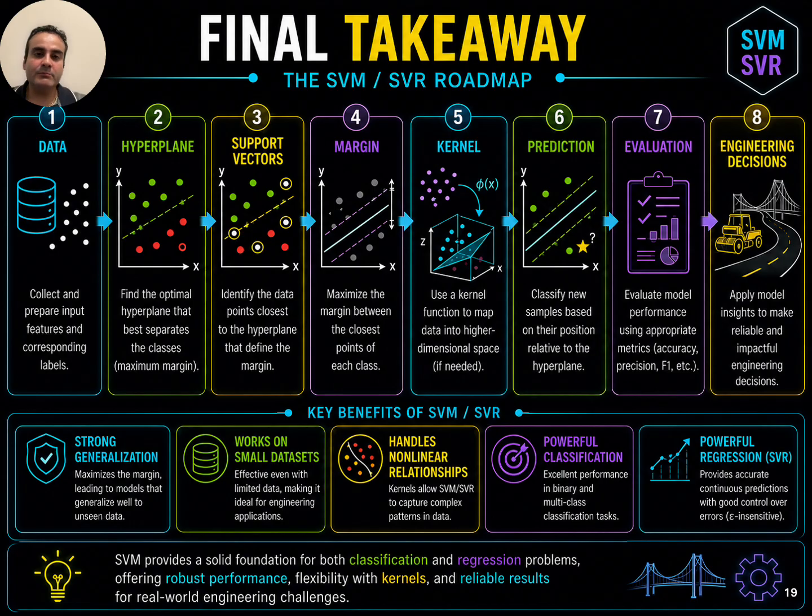For nonlinear problems, kernel functions are used to transform the data into higher dimensional spaces. Predictions are generated for new observations and evaluated using appropriate performance metrics. Finally, the results are used to support engineering decision making.